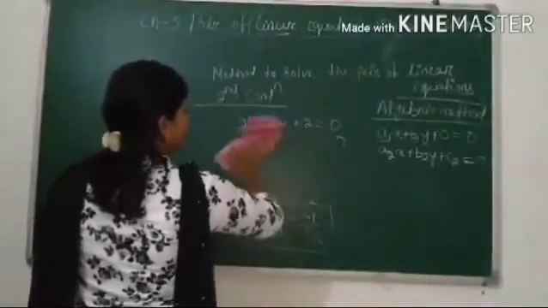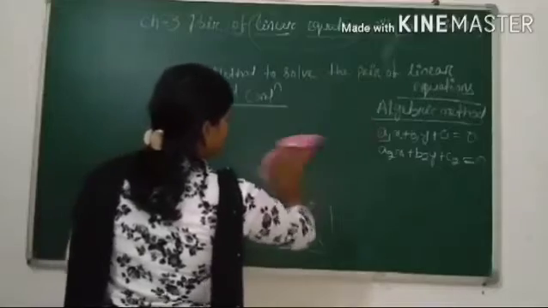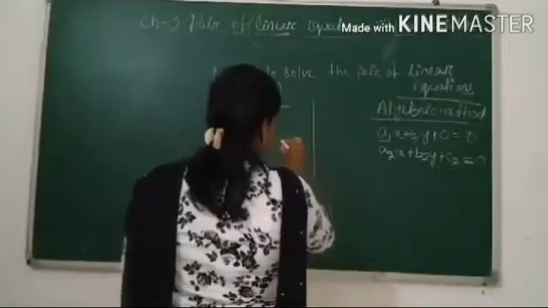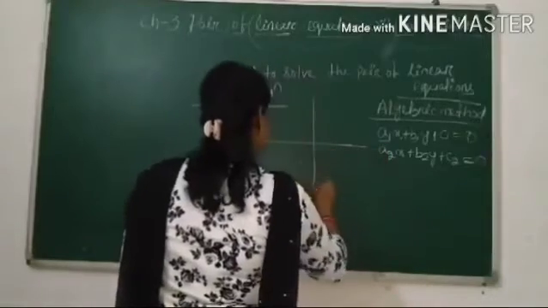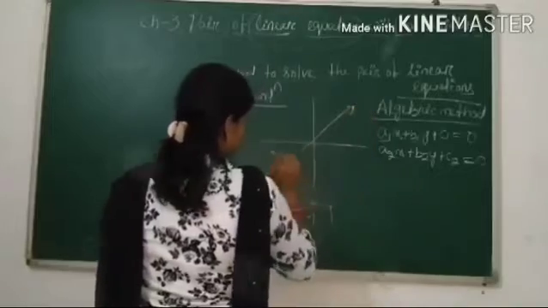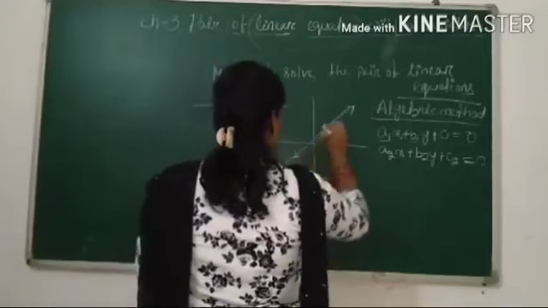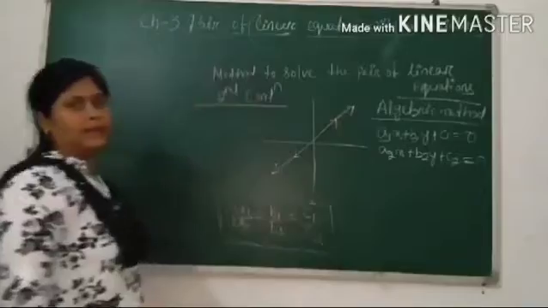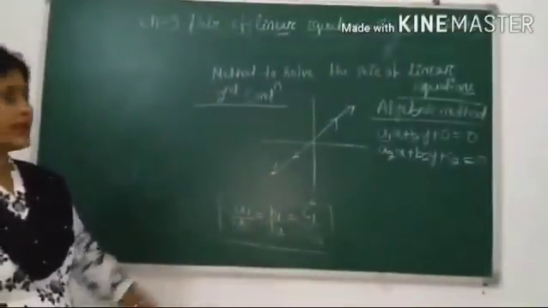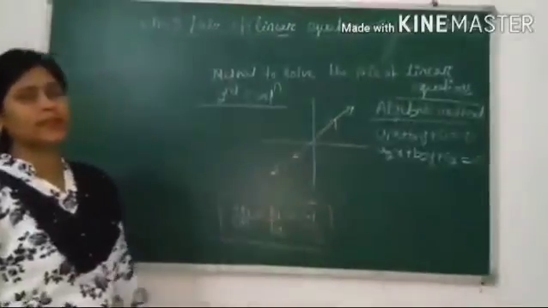If again I draw a graph between them, I am getting only one line. Here only one line is there. That means they are coincident with each other.